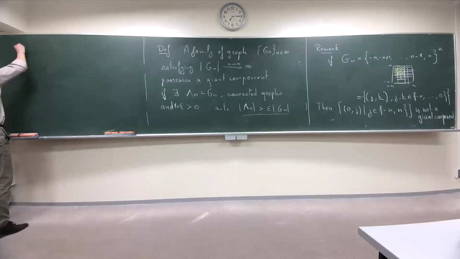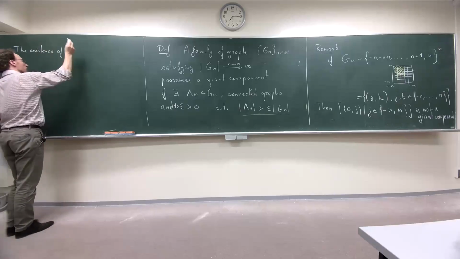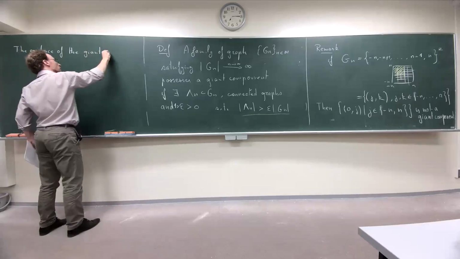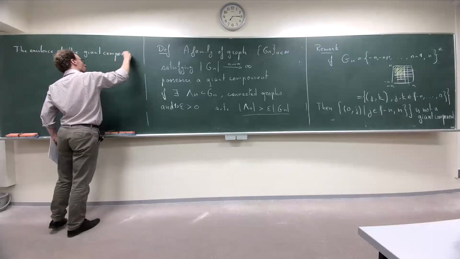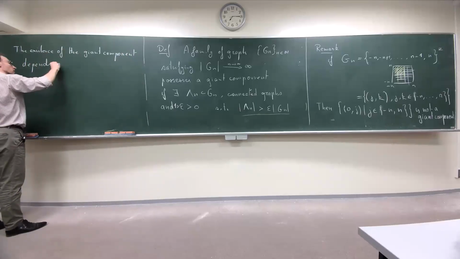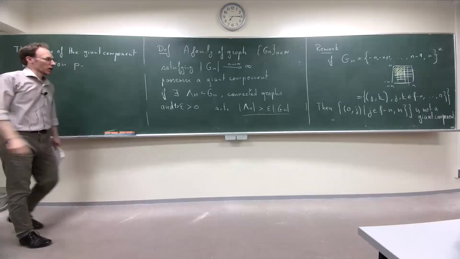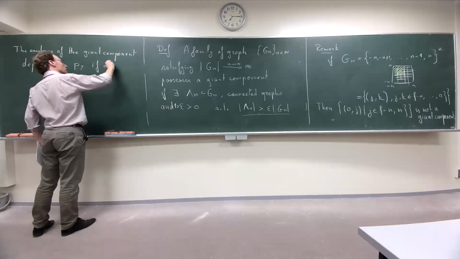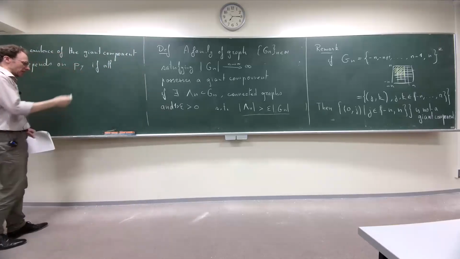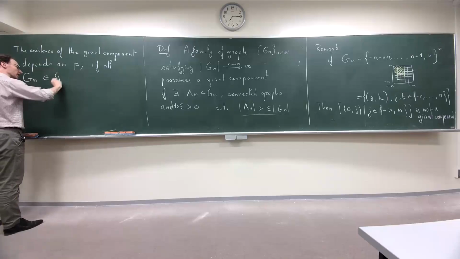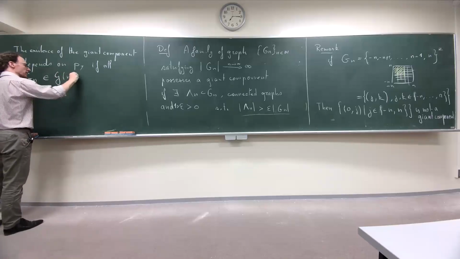The existence of the giant component depends on P. I have a clash of notation, but please accept it: the subgraphs belong to G(n, P).